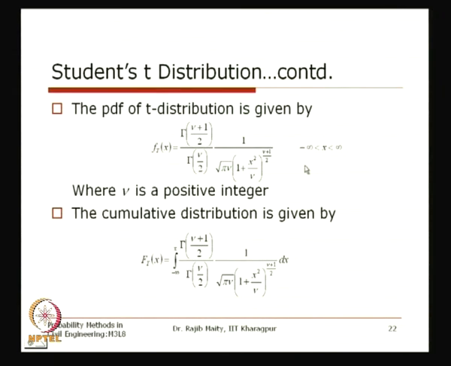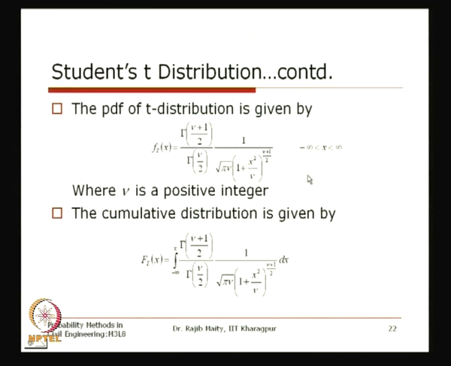Its PDF is given by this form: gamma of (nu plus 1) divided by 2, divided by gamma of nu by 2. This is the normalizing constant to make sure that the total area under this PDF is equal to 1, multiplied by 1 by square root of pi nu, multiplied by (1 plus x square by nu) power minus (nu plus 1) by 2.